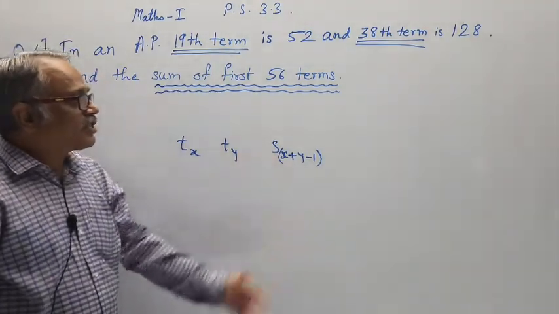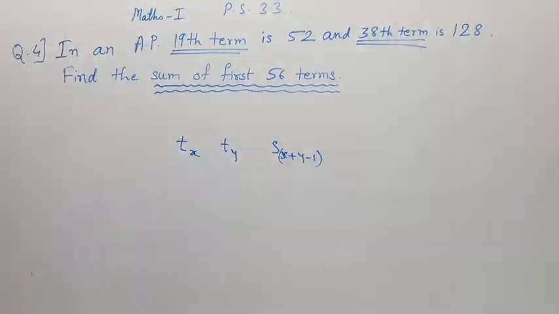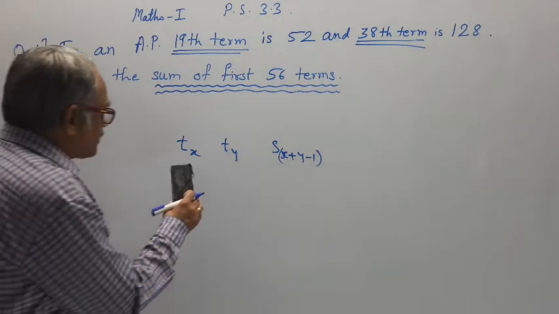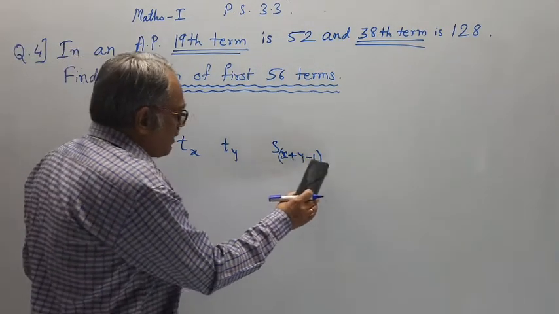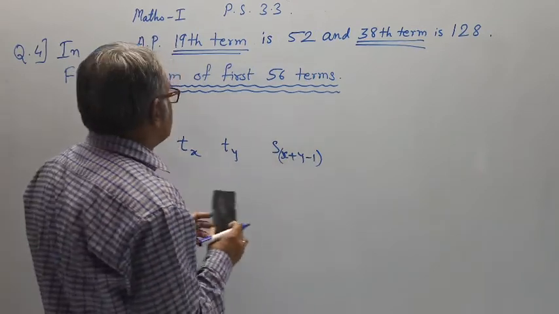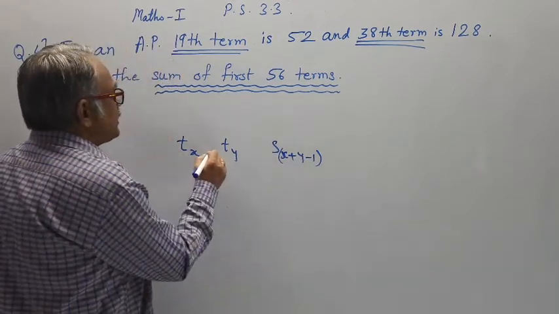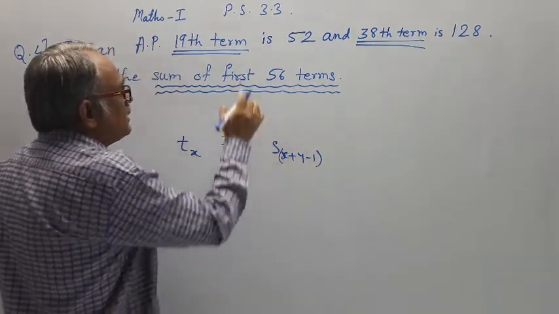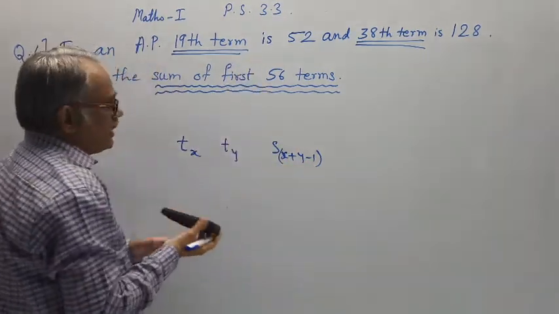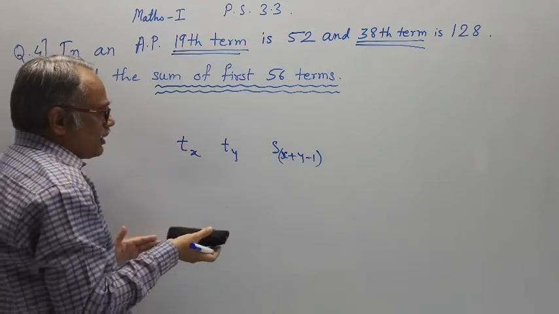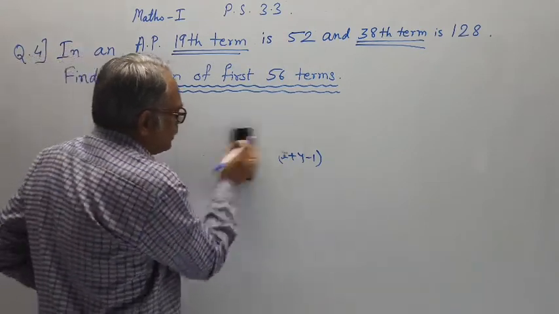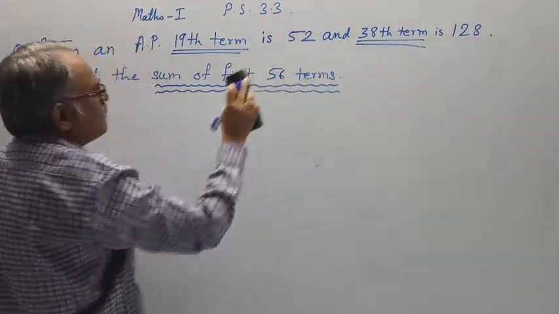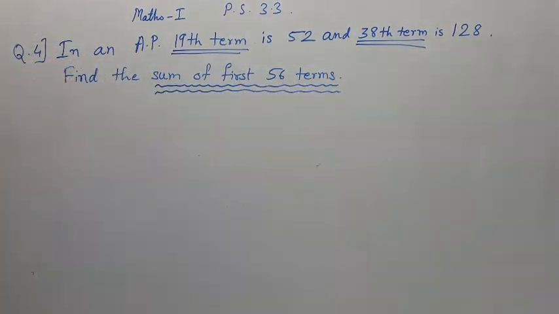Then there is one shortcut to use, and that only we have to use. But remember, whenever Tx, Ty are given and x plus y minus 1 is asked, then only we can use it. I hope all of you understood what I said.